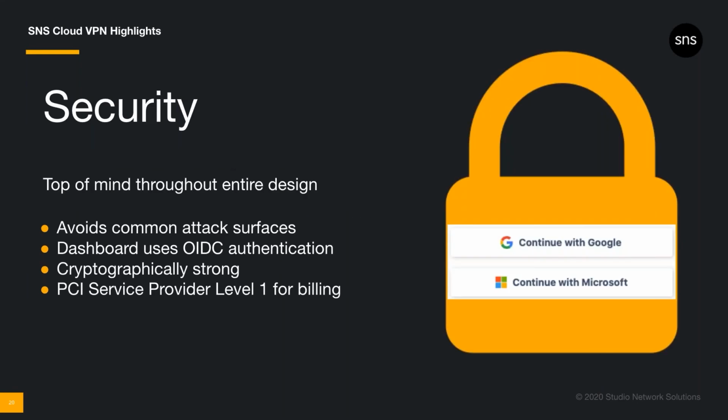Every decision we've made about this product has been considered for security implications. If there was something that didn't need to be in there, it stayed out. We chose security at every turn. Here are just a few examples. We're using something called OIDC, which I'm sure you've seen before.